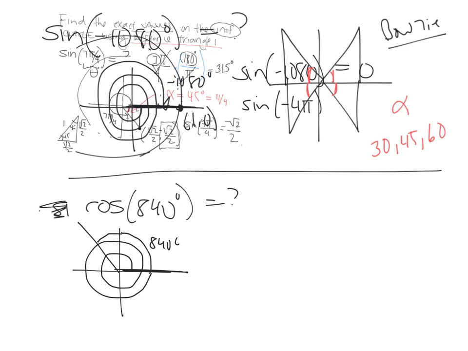So what I want you to see is what this angle in red is. If we added another 90 to our 720, that gave me 810, plus 30 more would give you 840. So the red angle, that's our reference angle.